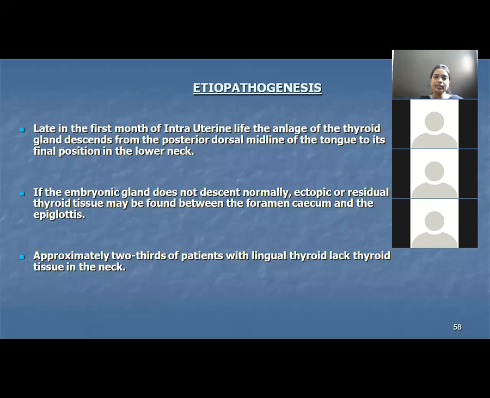If they do not descend normally, then the ectopic or residual tissue may be found between the foramen cecum and the epiglottis. This gives a nodular structure which is present in the posterior most part of the tongue, and this is called a lingual thyroid nodule.